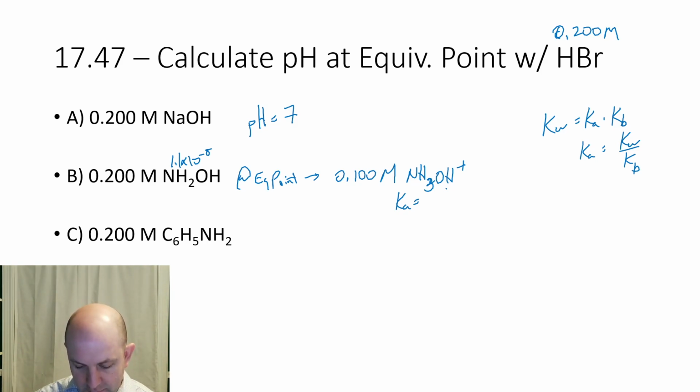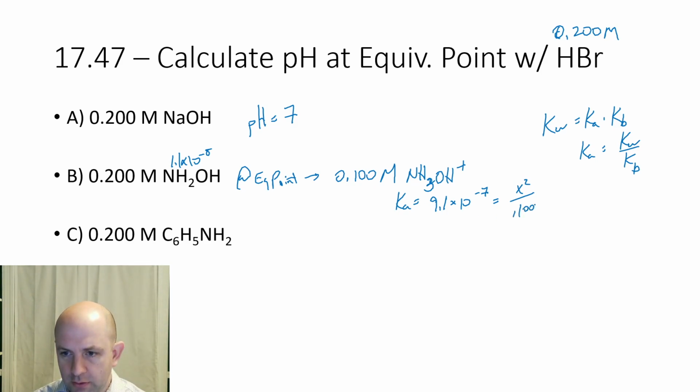Let me try that again with my calculator. 1.1 times 10 to the negative 8th. And so we get 9.0909, so it's 9.1 times 10 to the negative 7th. And then we just do our normal calculation. We'd say, okay, that's going to be equal to x squared over the initial concentration, which is 0.1 molar at this point.